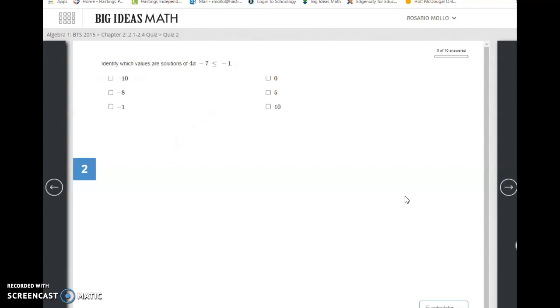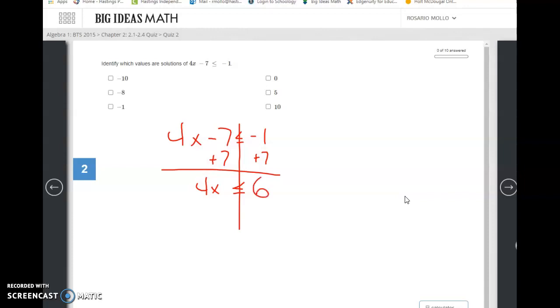We have 4x minus 7 is less than or equal to negative 1, and they want us to see which one of these answers is there. So instead of plugging in each number and seeing if it works, I'm just going to solve for it. It's a minus 7, so I'm going to end up adding 7 to each side. I'm left with 4x is less than or equal to negative 1 plus 7, which is a positive 6.